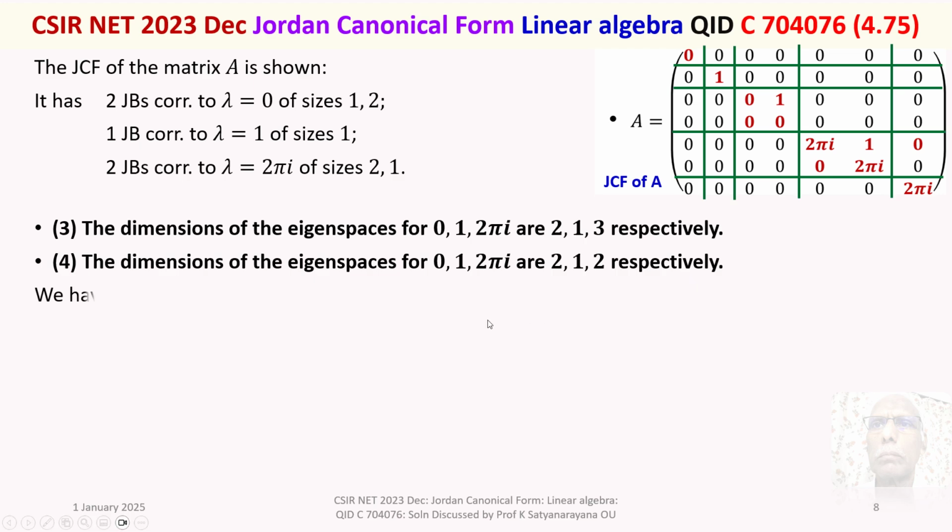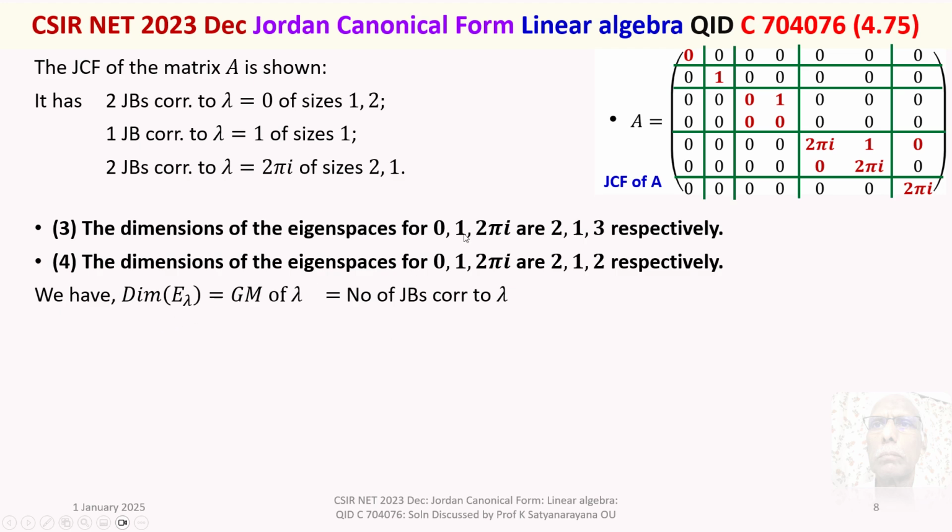We recall the dimension of the eigenspace corresponding to the eigenvalue lambda is equal to the geometric multiplicity of the eigenvalue lambda, which is given by the number of Jordan blocks in the Jordan canonical form corresponding to the eigenvalue lambda. Right.